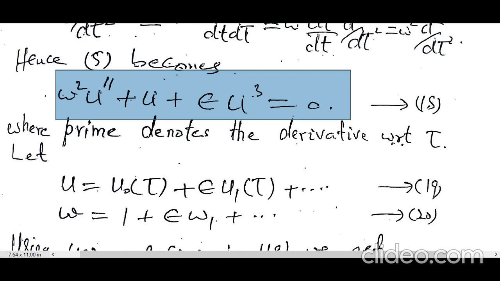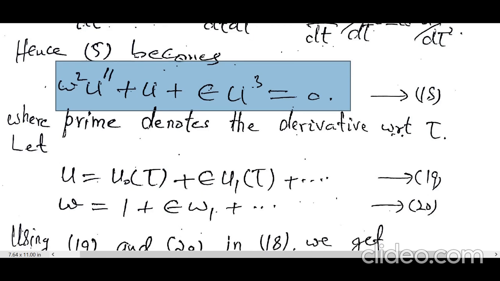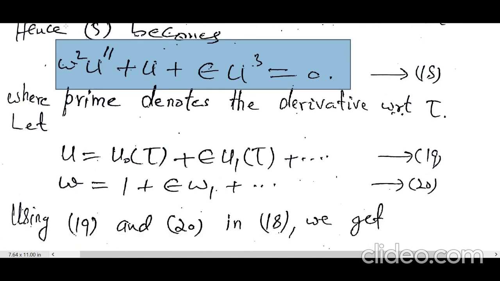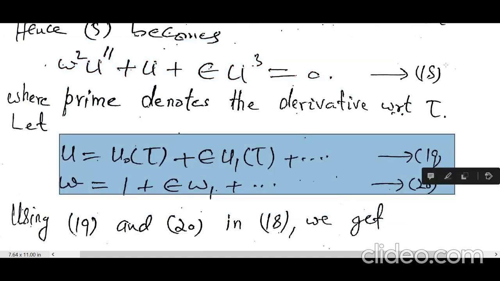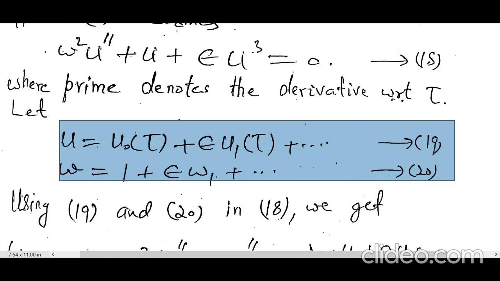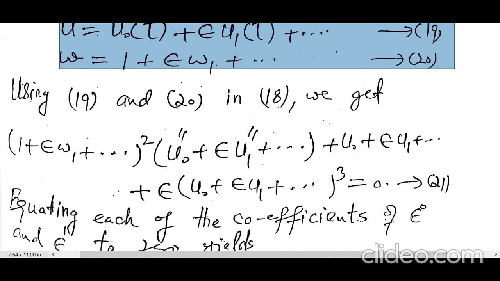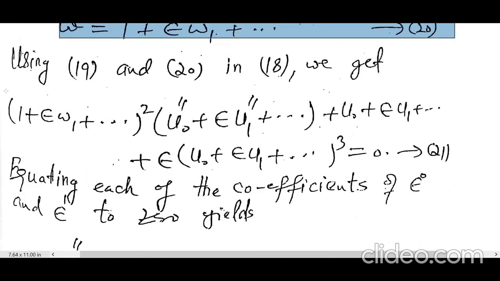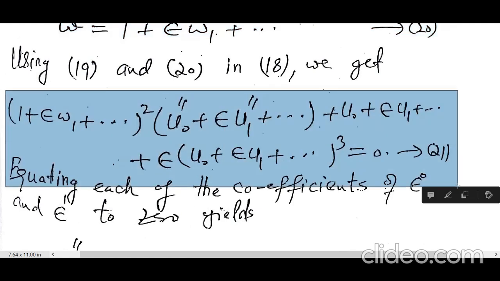Therefore for omega our expansion will become 1 plus epsilon omega 1 and so on. Now putting these two equations 19 and 20 in our equation number 18, which is the governing equation after using the new transformation, our equation becomes this one.